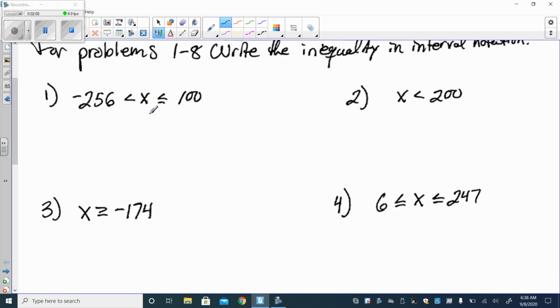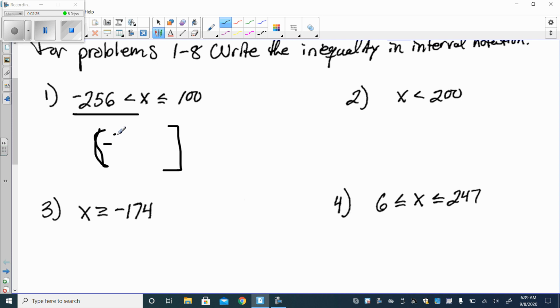Now we look at this first one here, number 1. On the left side, the negative 256 is less than x, so we have a parenthesis on one side. And on the other side, we have less than or equal to, so it means we're going to use a bracket.